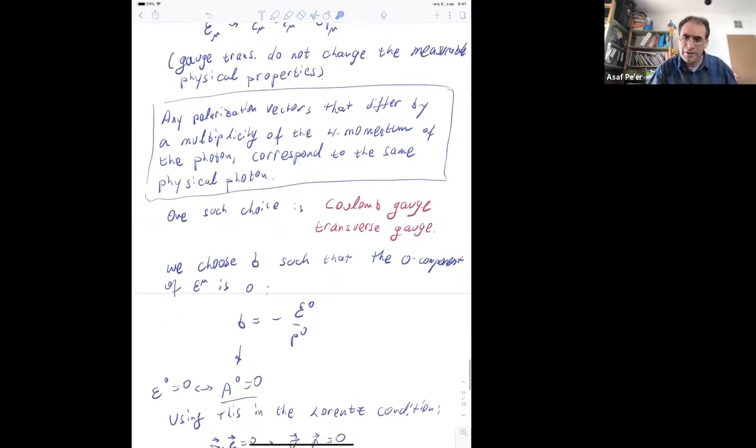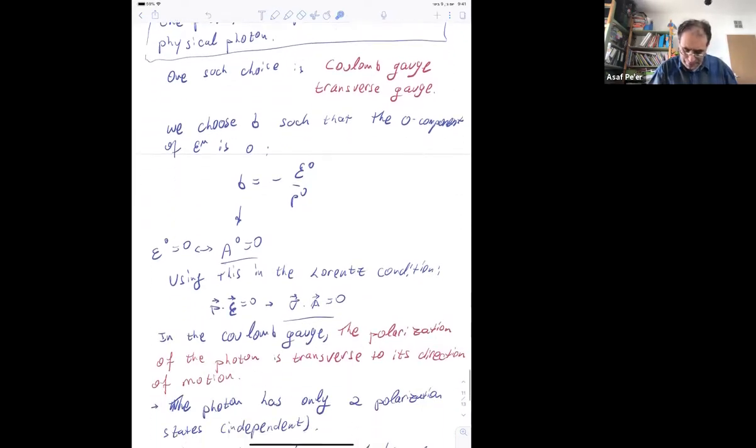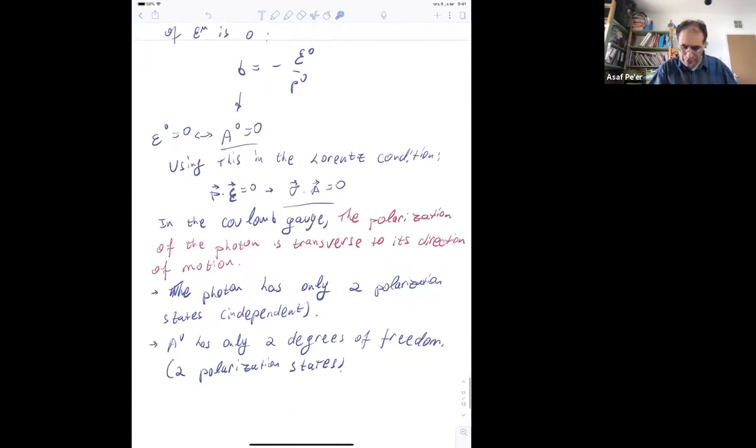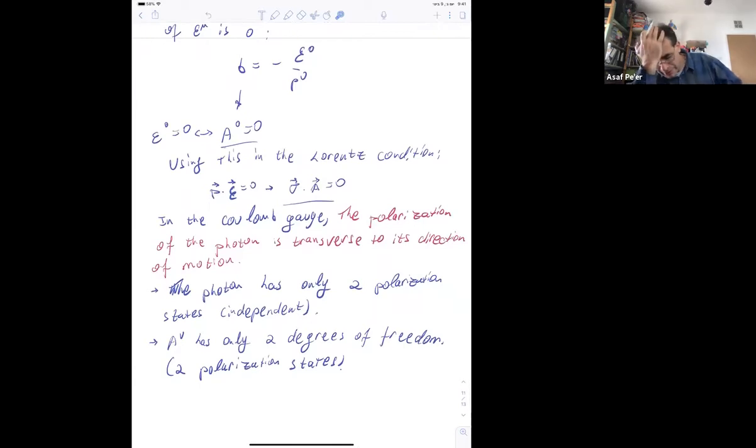And that reduces another degree of freedom. This tells us that P dot epsilon needs to be 0, or that nabla dot A is 0, the divergence of A is 0. Which means that in the Coulomb gauge, the polarization of the photon has to be transverse to the direction of motion. That's true for photons, and that's true for electromagnetic fields, not surprisingly at all, because they're made of photons.